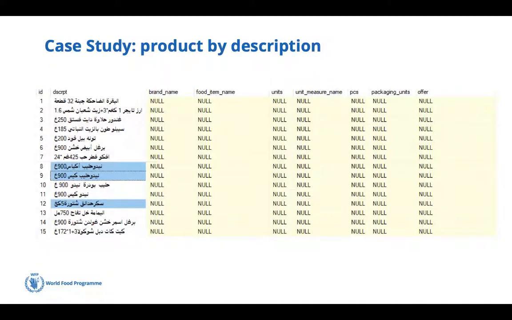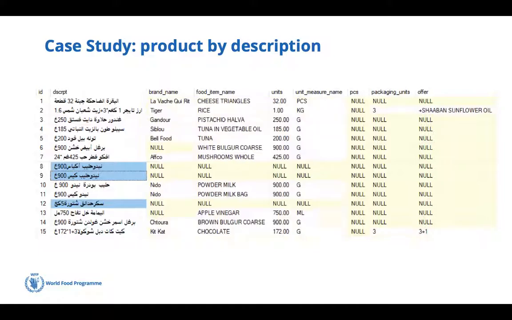Here I'm just showing you some more examples to show you the capabilities but also the shortcomings of the algorithm. I'm displaying some random product descriptions that, let's say, we would like to recognize which products they actually are. So we run the algorithm, it takes only a few seconds, and here we are. We can see that for the sales descriptions, for example, 3, 4, 5, 14, 15, the recognition is very accurate.